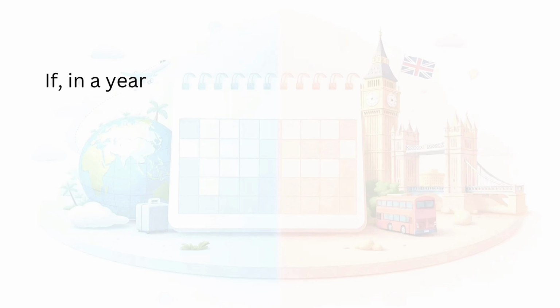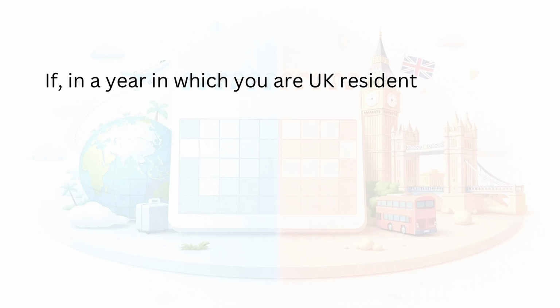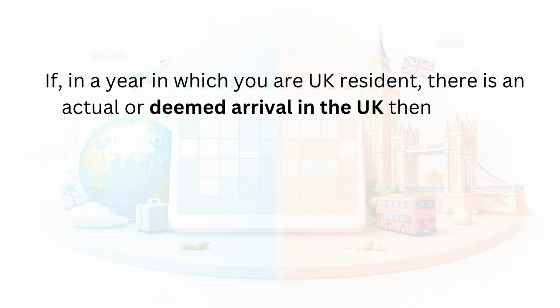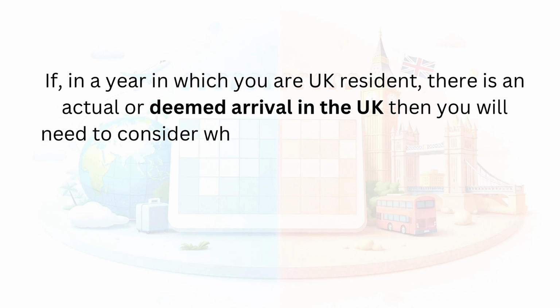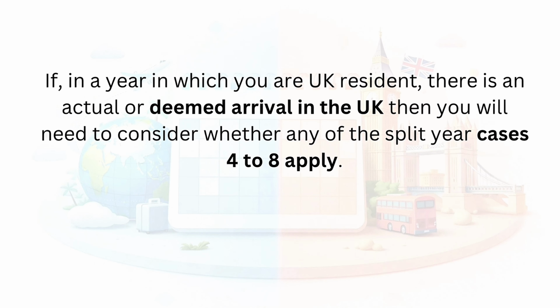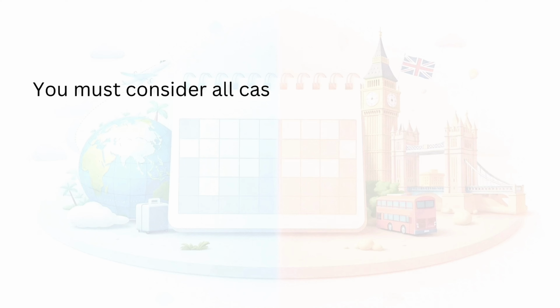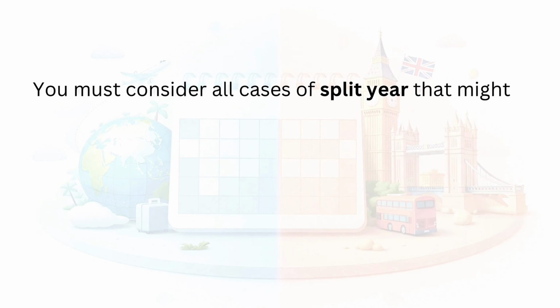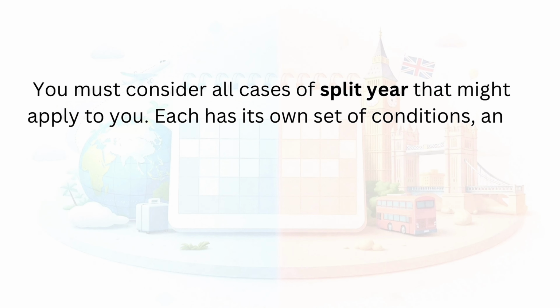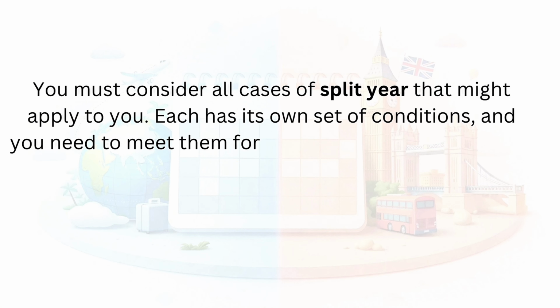If in a year in which you are UK resident, there is an actual or deemed arrival in the UK, then you will need to consider whether any of the split year cases 4 to 8 apply. You must consider all cases of split year that might apply to you. Each has its own set of conditions and you need to meet them for the case you are applying to.